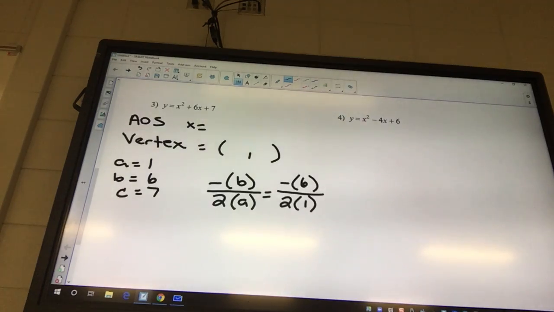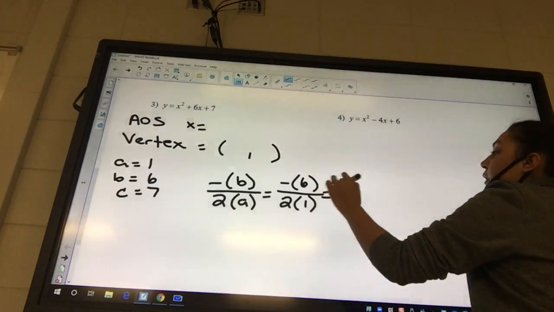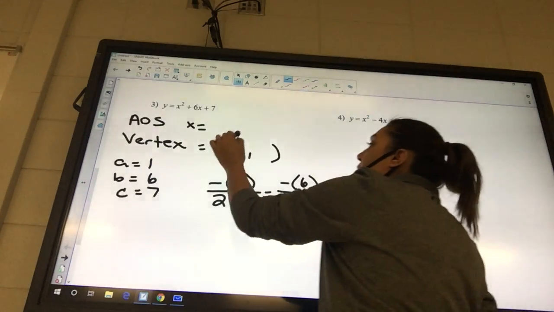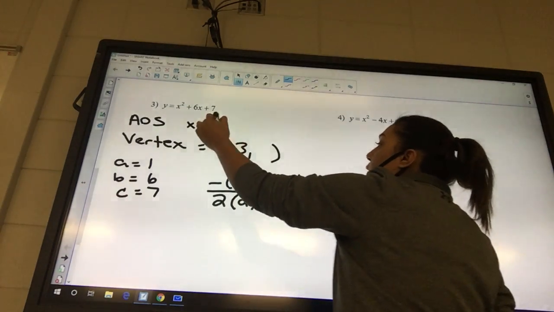Hit your fraction button on your calculator and figure out what that number is. Yep, you're going to get -3. And where does that go? In the first spot and on the AOS.